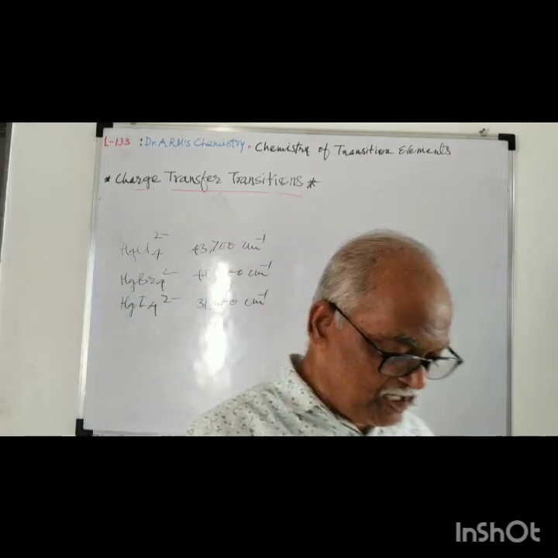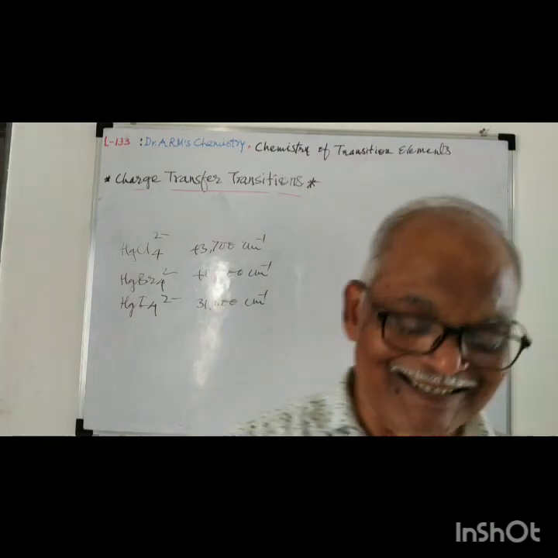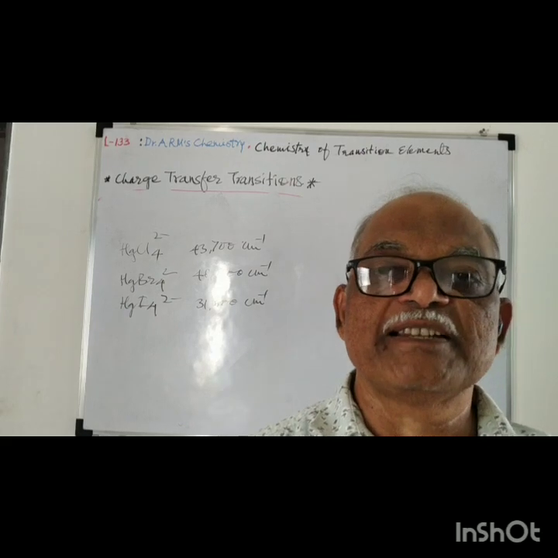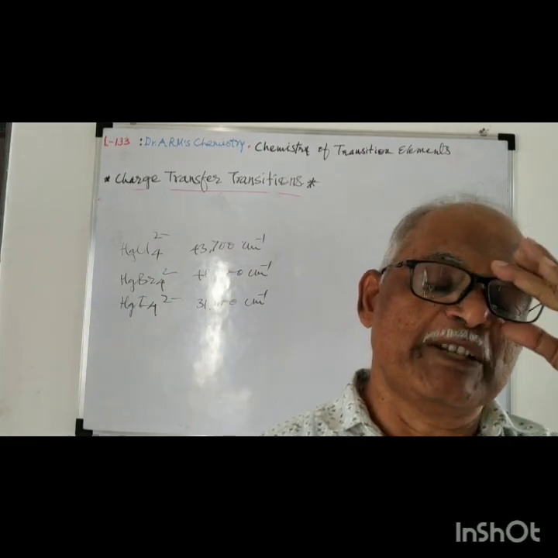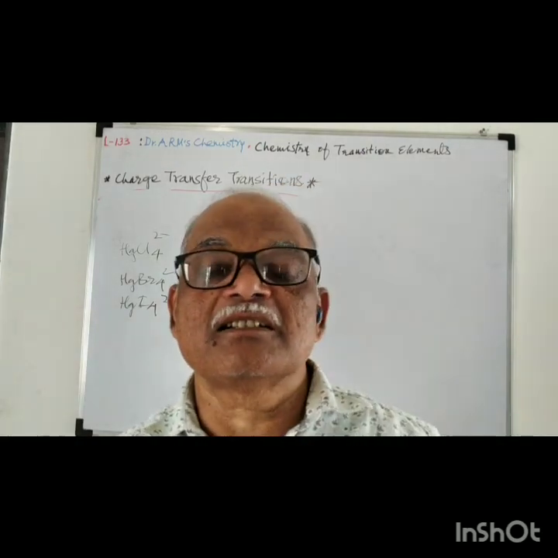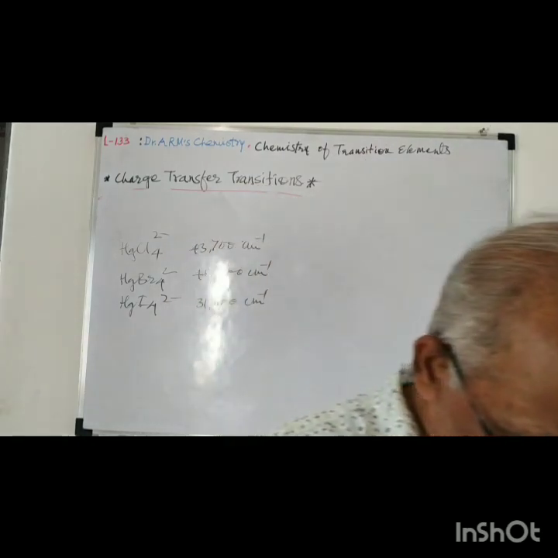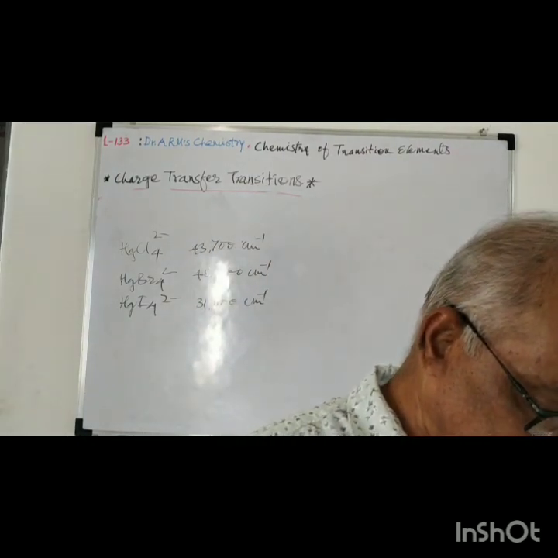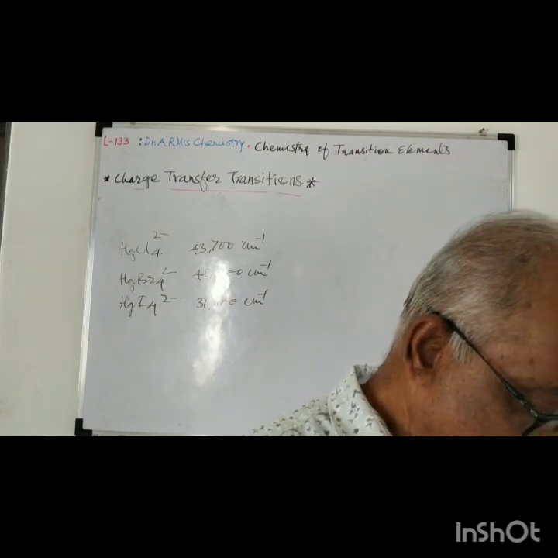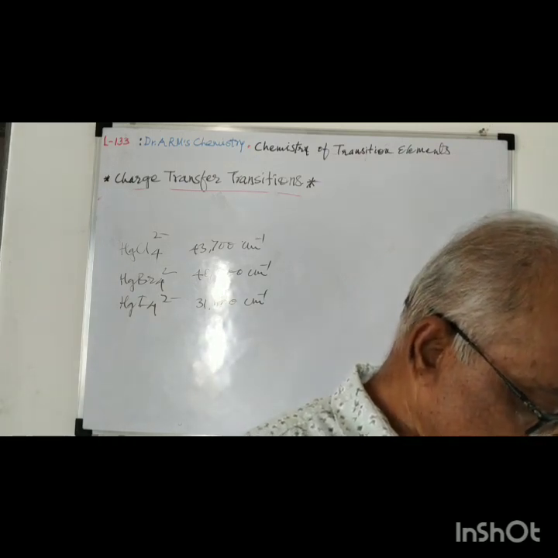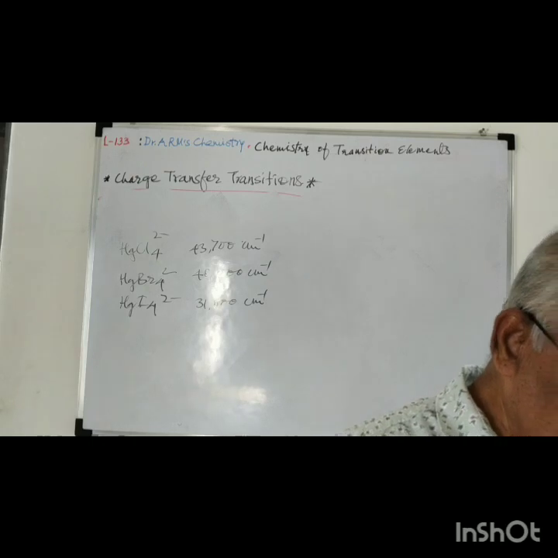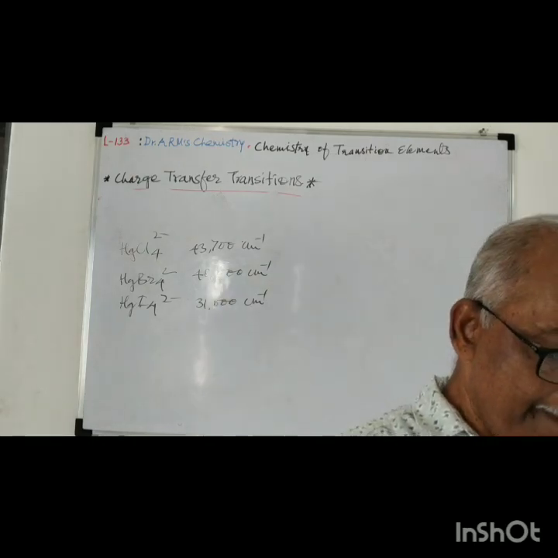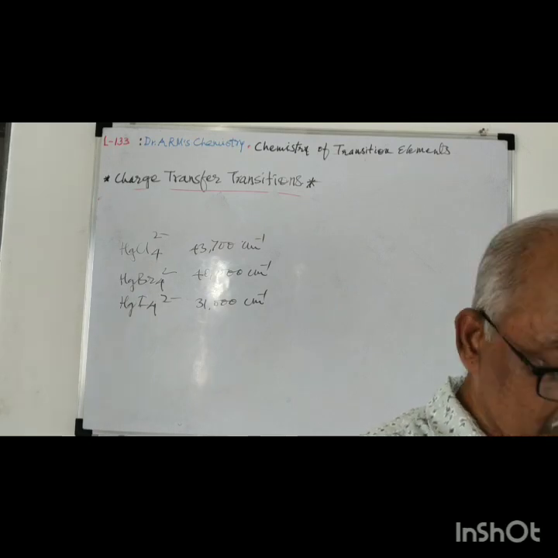If the absorption bands occur below 28,000 per centimeter, they will not be shown as charge transfer bands because of their very low energy. The assigned values from ligand to metal charge transfer transitions are shown in several cases.